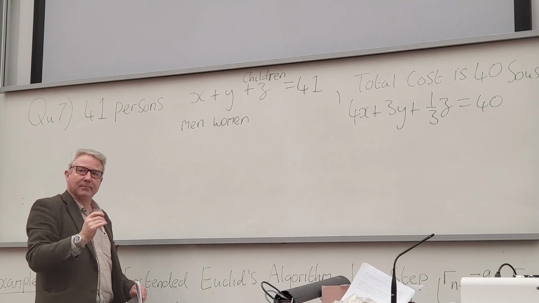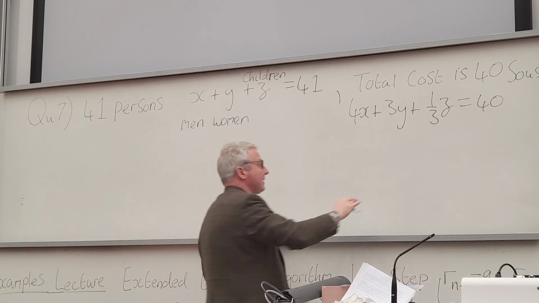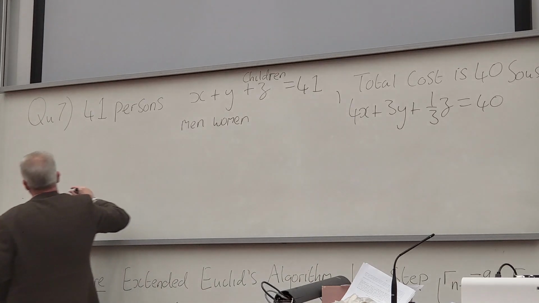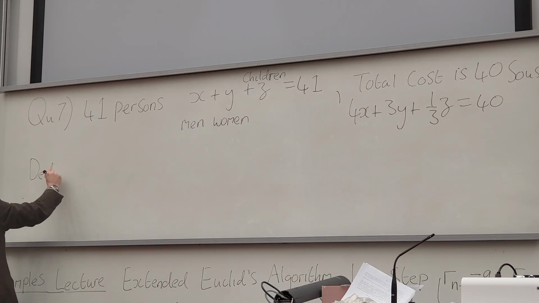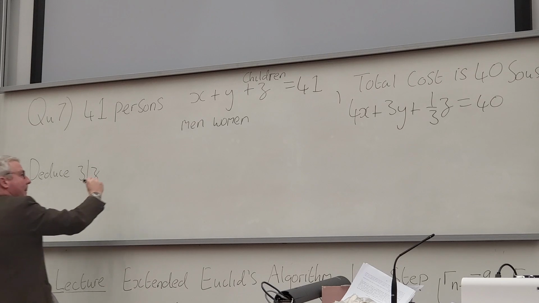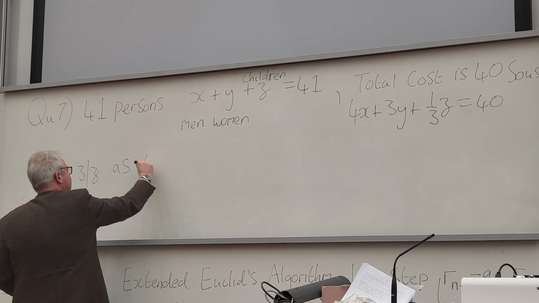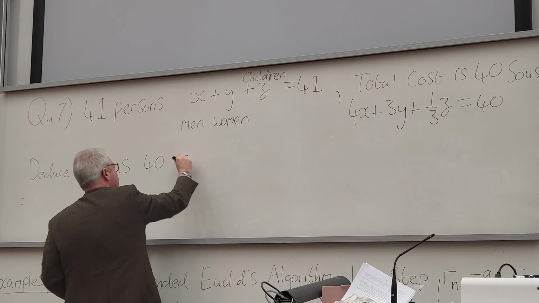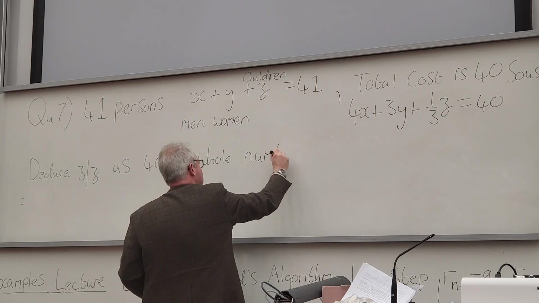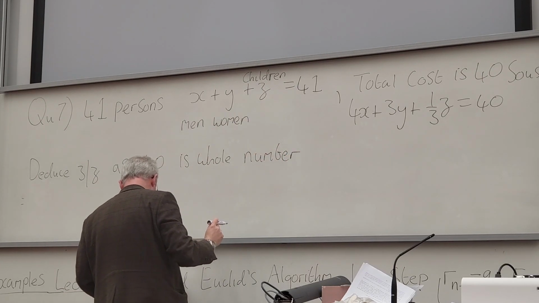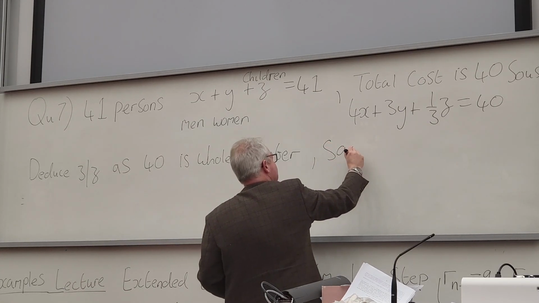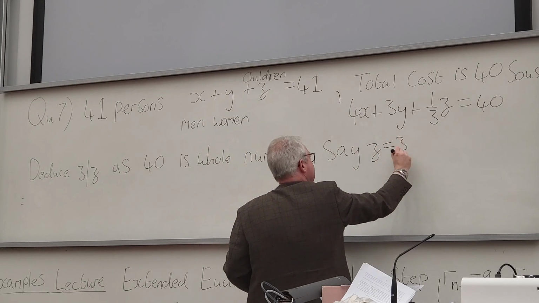So what can you tell straight away? If this is an integer solution, that must be a multiple of 3. So 3 divides z as 40 is a whole number. So let's set z equals 3u.